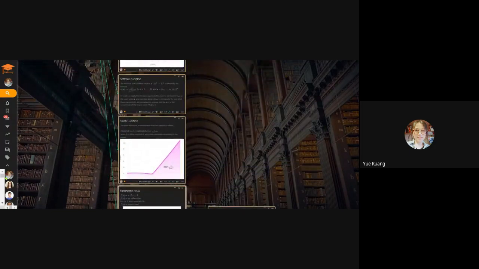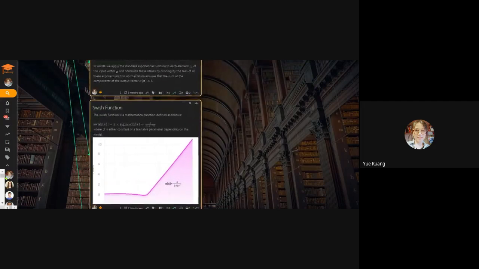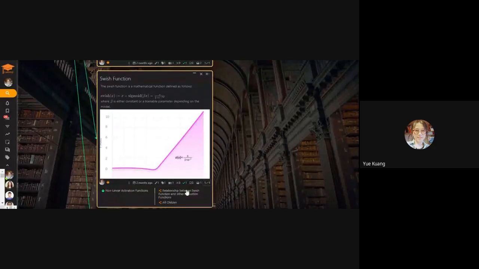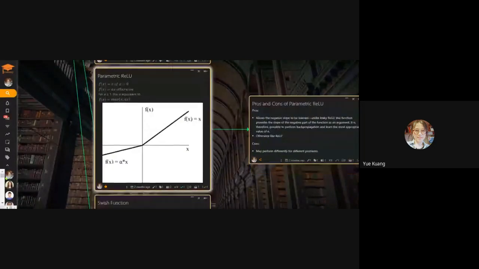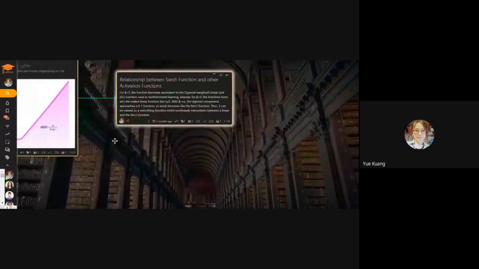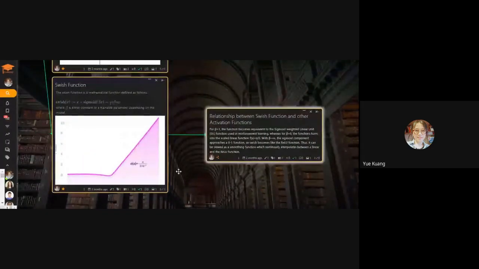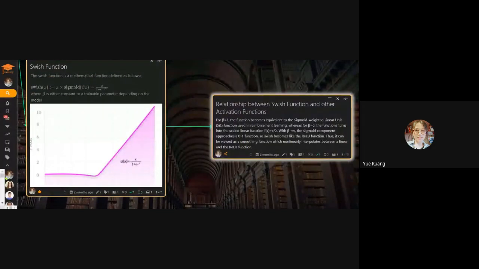And here is the Swish function. You can see that the Swish function is a mathematical function defined as follows, where beta is either constant or a trainable parameter depending on the model.